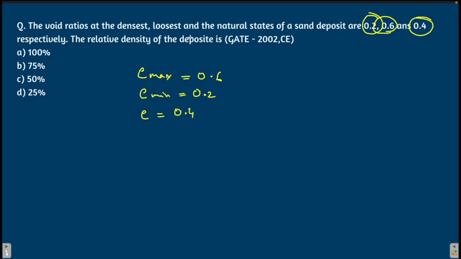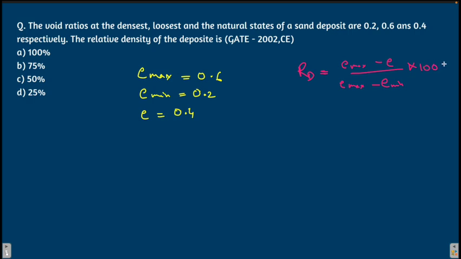You have to find the relative density. Now relative density is generally expressed in percentage. So what is the formula for relative density? All the formulas of soil mechanics that you have to remember, I'm writing in pink color. So relative density is (e max minus e) by (e max minus e min) into 100.